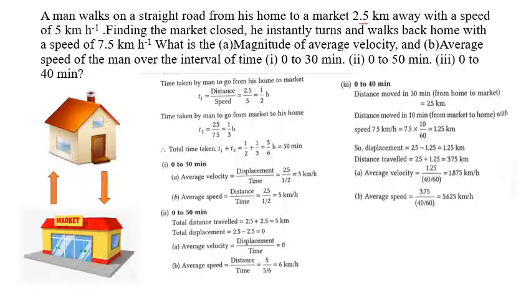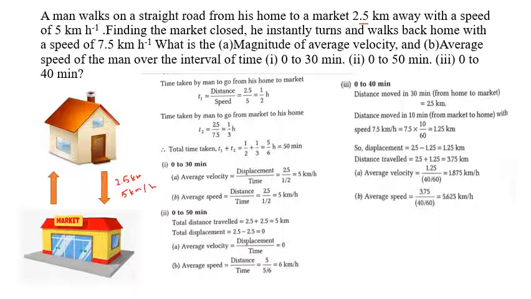So the man walks on the straight road from his home to market, which is 2.5 kilometer away. So what is the speed? 5 kilometer per hour. So the distance between the home and market is 2.5 kilometer and he is moving with 5 kilometer per hour speed.